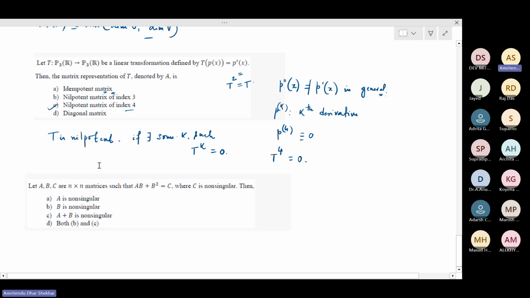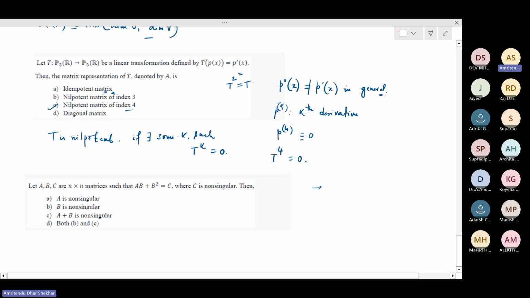Right, we're given matrices such that AB plus B square is equal to C, and it's given that C is a non-singular matrix. Let us just recall a quick fact.